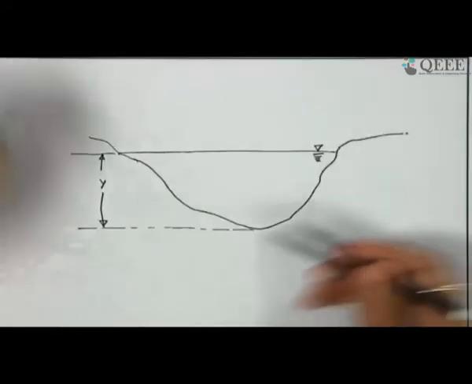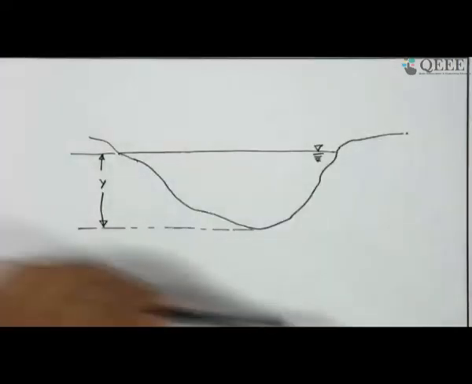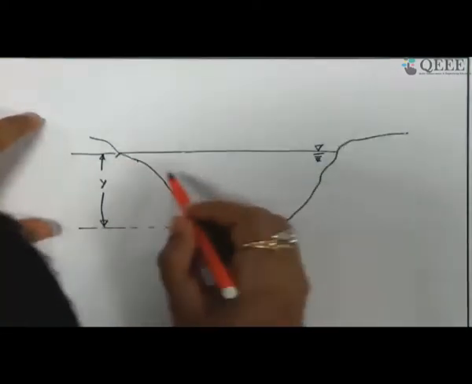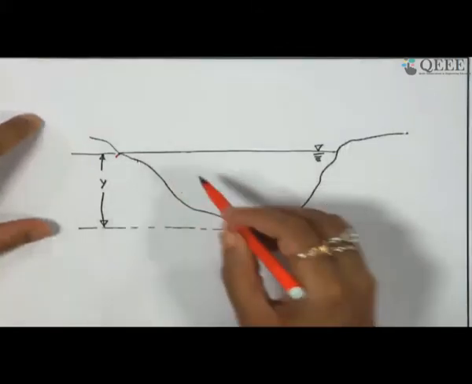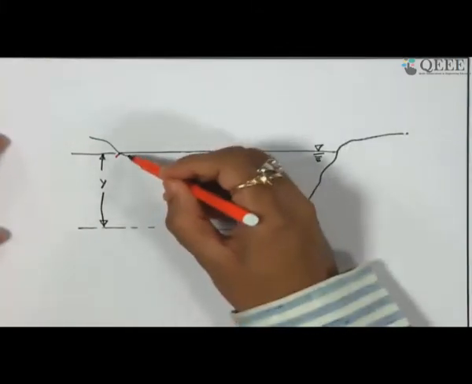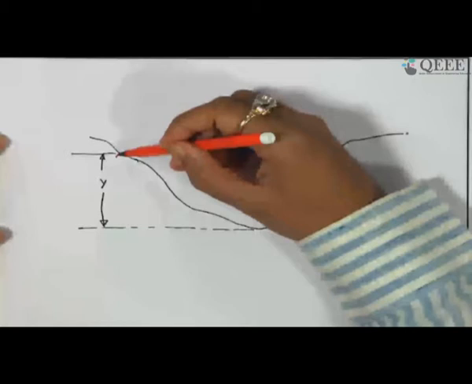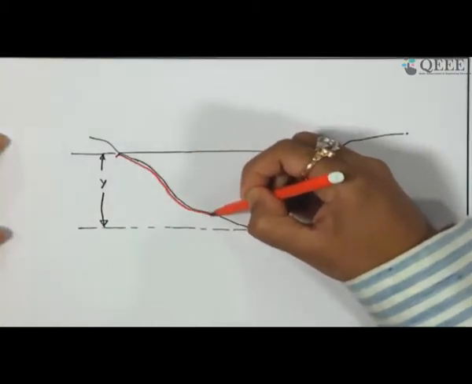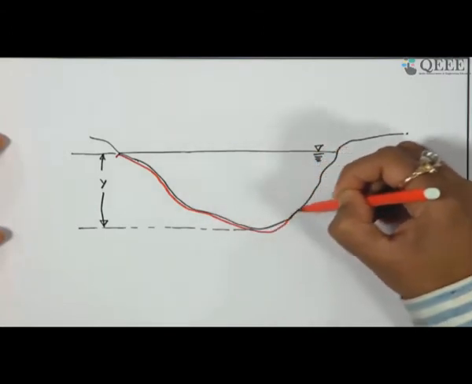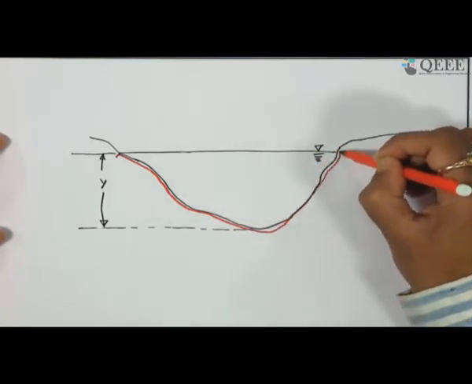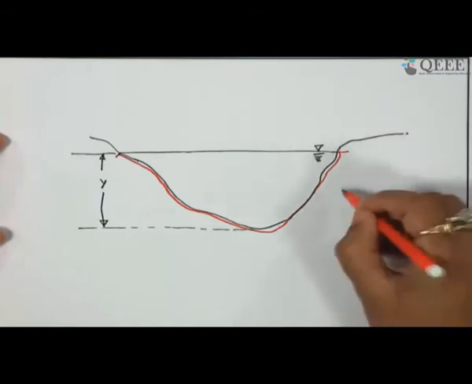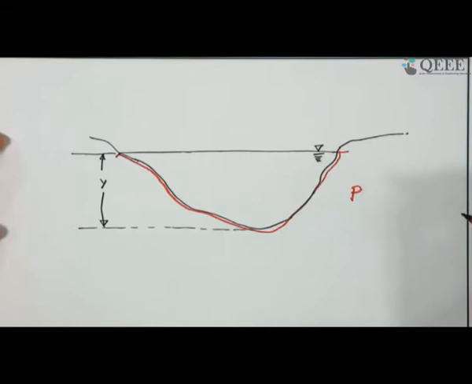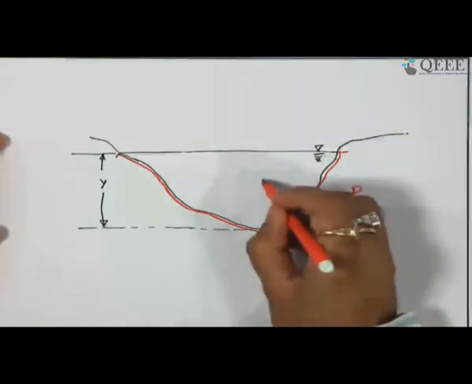So, wetted perimeter in this case is the perimeter which is associated with depth. So, this part, which is the wetted part of the cross section, can be called the wetted perimeter or P, and cross sectional area is A.